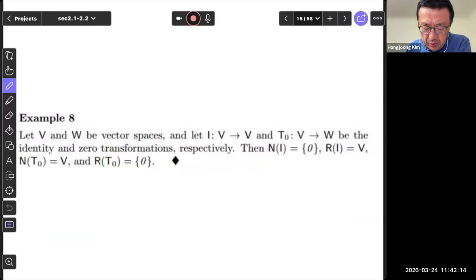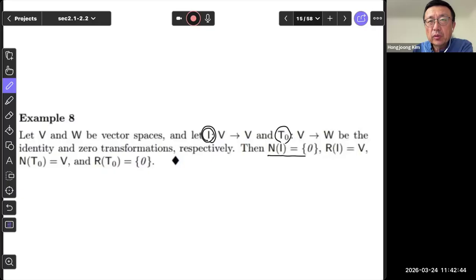So here is an example. Suppose that V and W are vector spaces, and I denotes the identity mapping and T naught is the zero transformation which maps everything to zero. Then in case of the identity mapping, only the zero vector will be mapped to zero. So the null space of the identity mapping will be just the zero vector only.